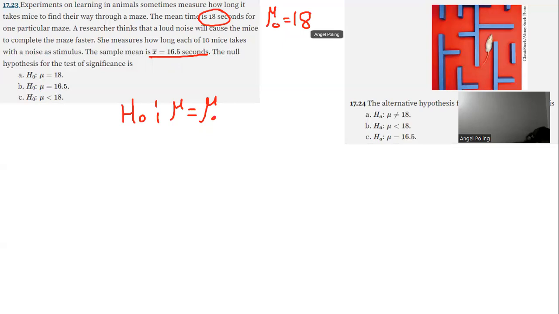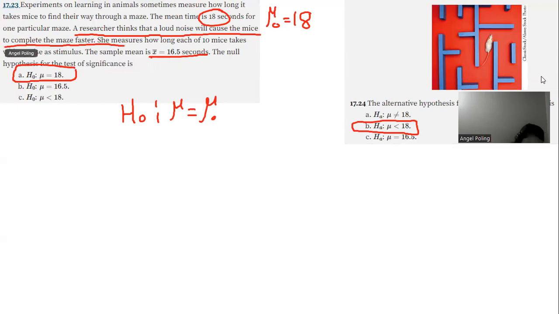And we have option A. The alternative hypothesis for the test in 23 is actually the mu being less than, because they said that the researcher thinks that the loud noise will cause the mice to complete the maze faster.